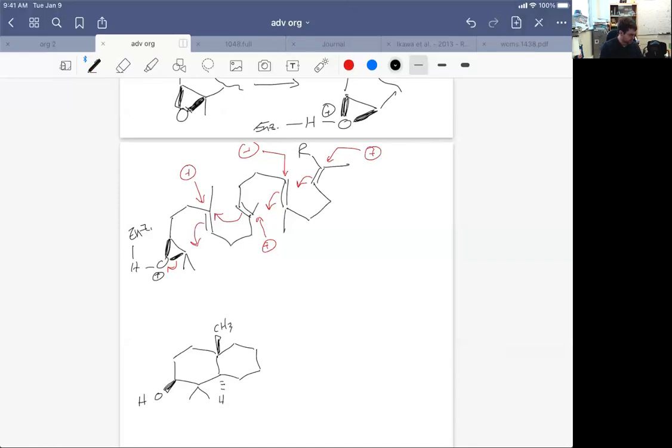You could draw some interesting cyclohexane transition states, thinking about chairs and that sort of thing. And this is going to do this, and then it's also going to lose H plus with a double bond rearrangement.